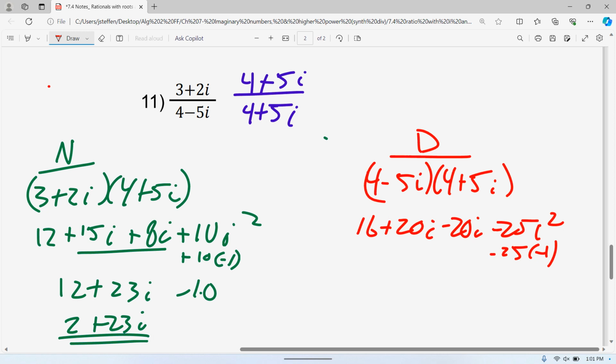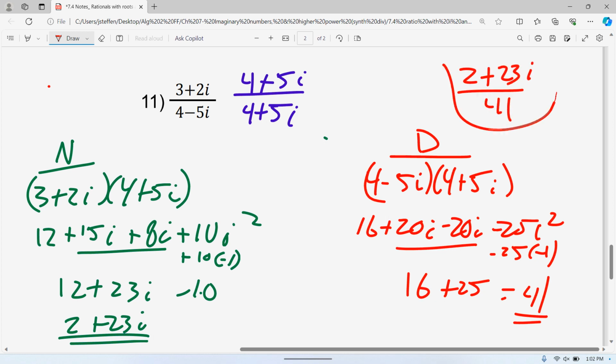So these cancel, positive 20i, negative 20i, so we have 16 plus 25. 16 plus 25 is 41, I think. So your final answer, 2 plus 23i over 41. That one you can't reduce, but again, I don't actually care if you reduce anyways. But that's your answer for number 11.